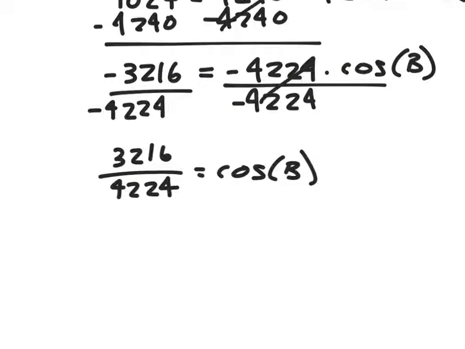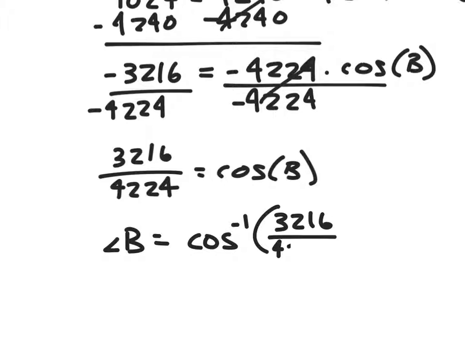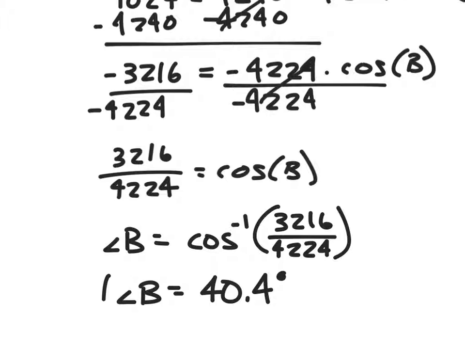So now let's solve for B. Angle B is equal to cosine inverse of 3,216 over 4,224. Okay, and let's plug that in the calculator. That's going to give us an angle measure of angle B, which, rounding to 1 decimal place, is 40.4 degrees.